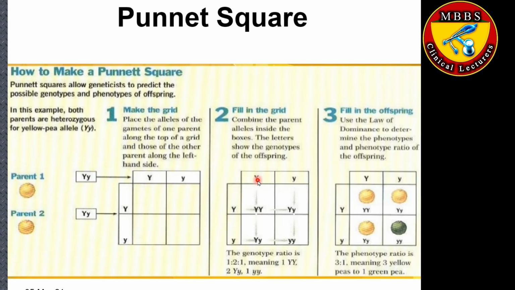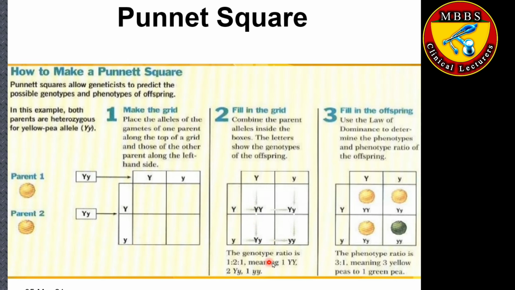The upper first box combines and gives two capital Y. Then the next combines capital Y and small y from the other parent. You combine the other allele of this parent with one allele of the first parent, and similarly the last two boxes, and you write them down in the boxes. These are the offspring from these two parents.